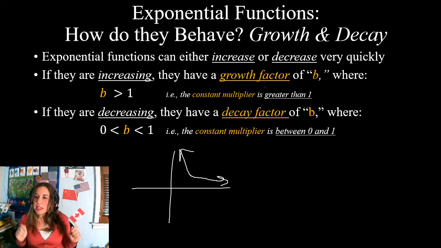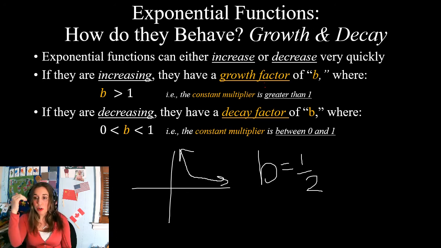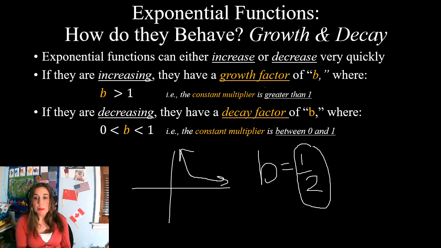And again, if you take a second to think about this, let's say your constant multiplier, your b, is equal to 1/2. To go from one output to the next, you're cutting your output in half. You're going from 4 to 2 and from 2 to 1. You're cutting it in half. Your constant multiplier is between 0 and 1, some fraction or decimal.